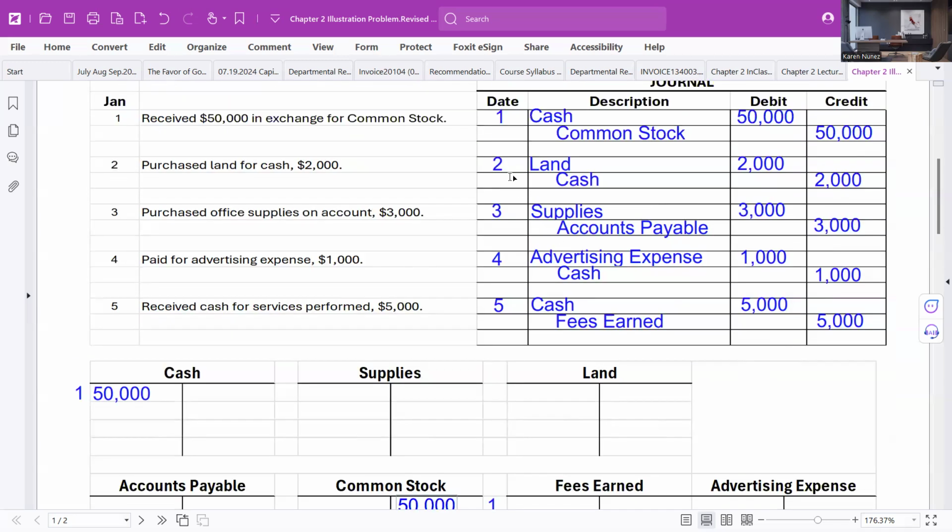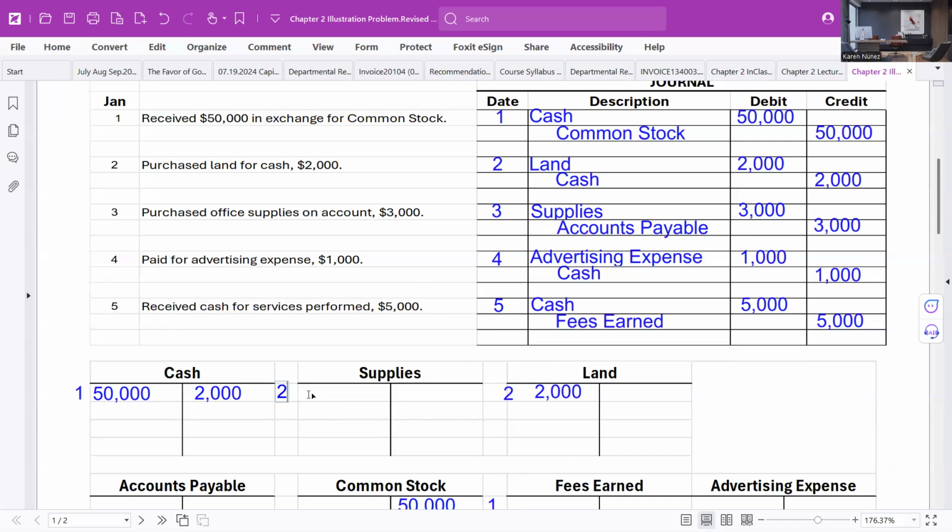$50,000. And then on the second, we've got a debit to the land account for the $2,000. And also on the second, we've got a credit to the cash account for $2,000. And that is on the second.